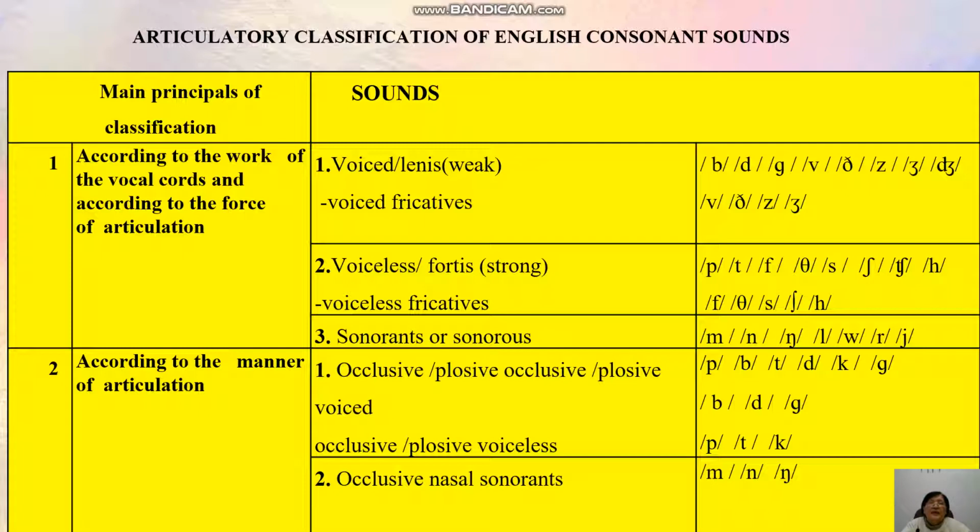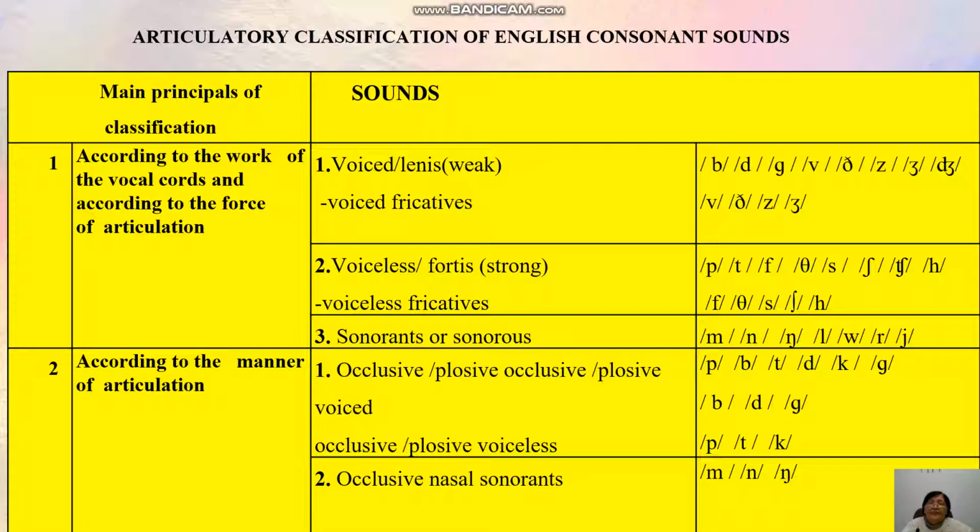B, D, G, V, Z, R, J, Z, R. Now please pay attention to the sound G. Remember how to write this sound.